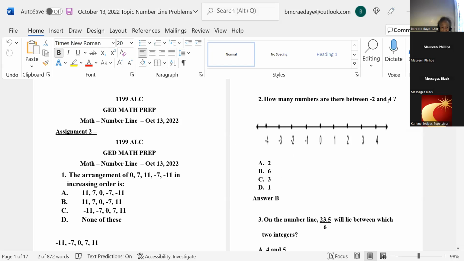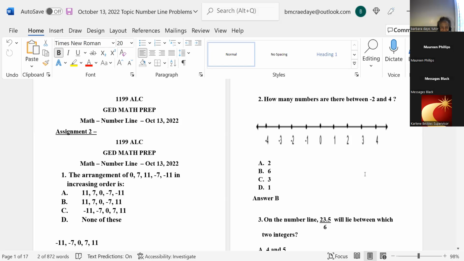I wasn't sure if I should count the 4 to make 6. That's why I said 5 first. Oh, okay. No, you count the first number, but not the last. But you can see it on the number line, right? I start counting at 1, 2, 3, 4, 5, 6. I say 1, 2, 3, 4, 5, then I stop.